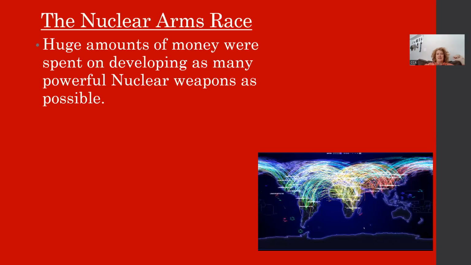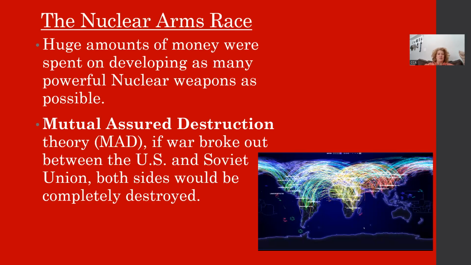So the thought was that if war broke out, the world was going to be completely destroyed. So if you look at this little diagram here of all the paths that missiles could take, the threat of being able to destroy the world was supposed to be the deterrent from destroying the world. So that's the mindset of what the nuclear arms race was all about. If we can completely destroy everything, you probably don't want to mess with us because you don't want that to happen.